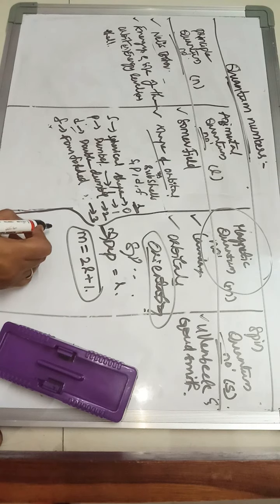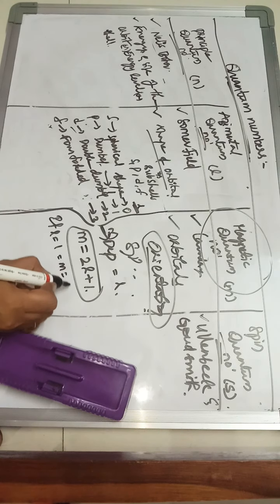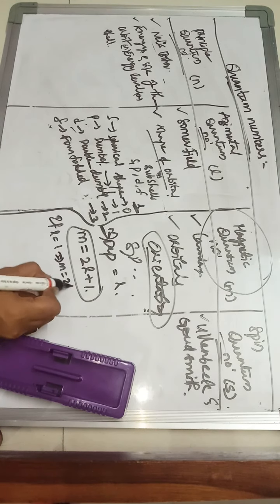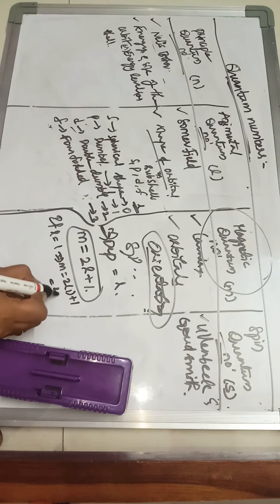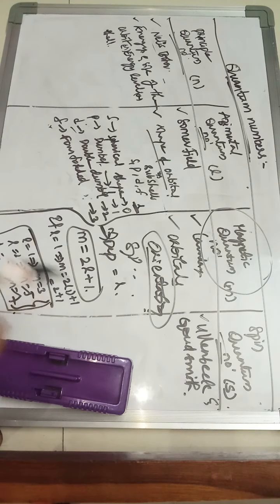If L value is equal to 1, then m equal to 2 into 1 plus 1, that is 3. Okay, L is 2, that is m equal to 5, like that. L equal to 3, that is m equal to 7. The m value depends on L value.